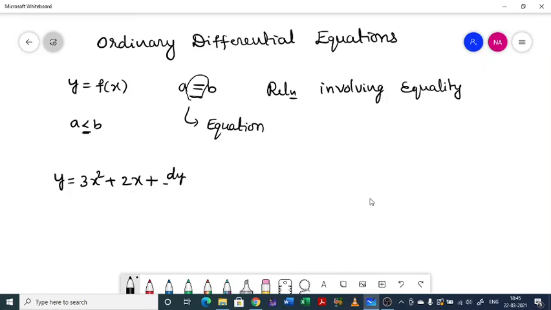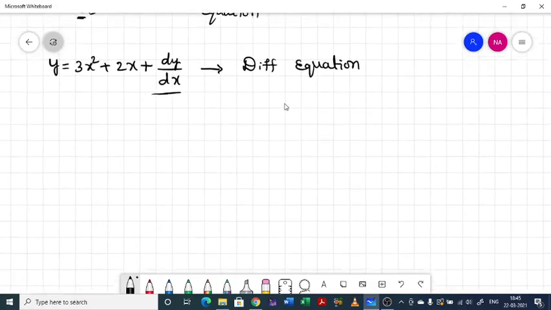Suppose you write dy by dx. This is the differential coefficient. So an equation along with a differential coefficient will be a differential equation. When it comes to differential coefficients, there are two types you can find.